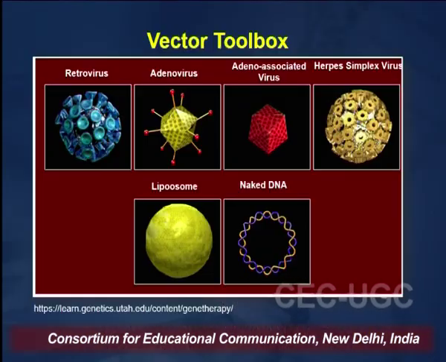This is the vector toolbox. I will not go into much detail about them because we have talked in detail about the different kinds of vectors used in recombinant DNA technology to introduce the recombinant DNA into host cells. But what I show here is that in gene therapy for human individuals, basically viral vectors are used.